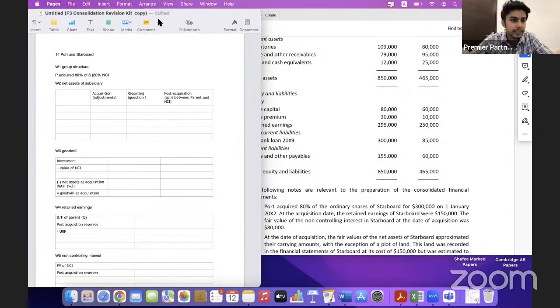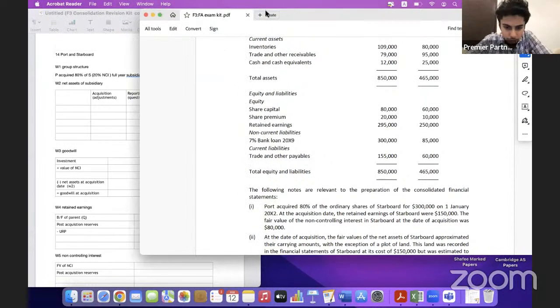That's what we call NCI: the percentage of the company that we don't control yet. So over here there is a 20% NCI. And a point to note, this is a full year subsidiary. Done. So we bought this company for 80%, 20% is left, and it's a full year subsidiary.